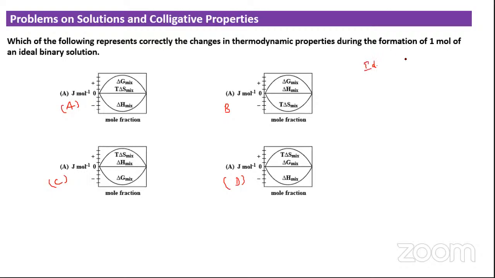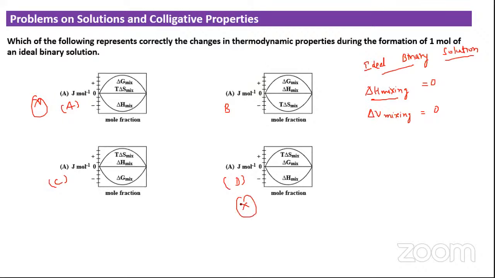It is an ideal binary solution. ठीक है. तो ideal binary solution है, that means delta H mixing is equal to 0, delta V mixing is equal to 0. तो delta H mixing वाले option eliminate कर लेते हैं. So in option A, delta H mixing isn't zero, so ये तो हो नहीं सकता. Delta H mixing ये हो सकता है, ये हो सकता है और ये भी नहीं हो सकता. तो B और C में से कोई correct है.